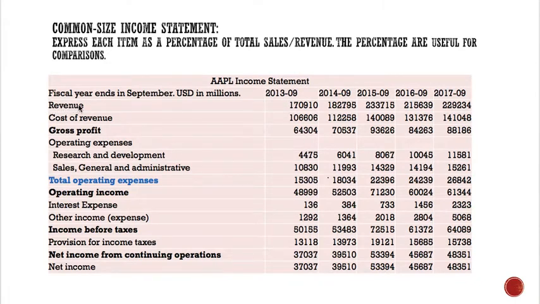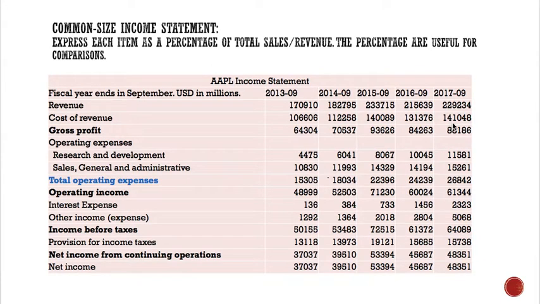This is the revenue. Revenue last year, 2017, remember the unit here is million, is 229 billion. So the cost of revenue is 141 billion.